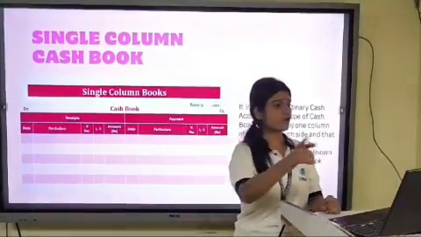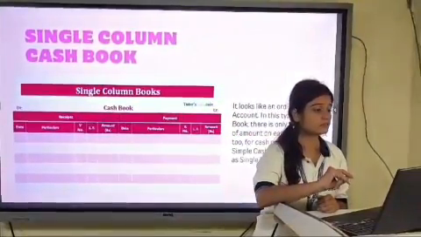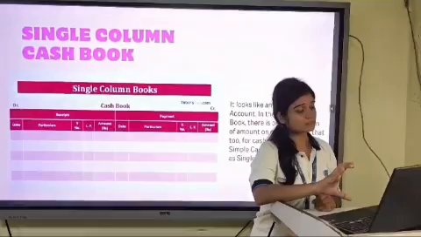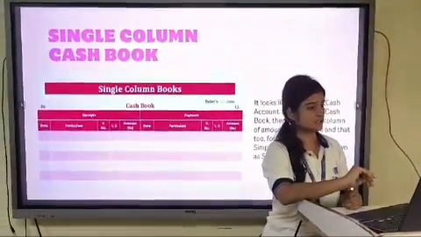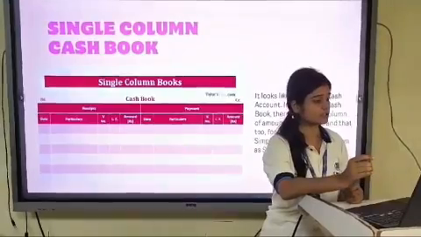So friends, this is the format of the single column cash book. It consists of 10 columns: 5 columns on the debit side and 5 columns on the credit side.